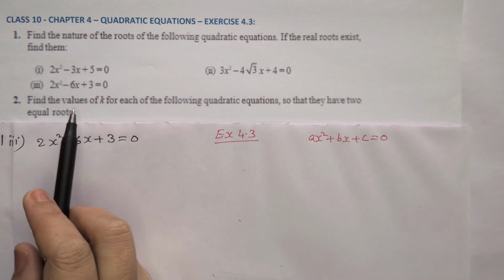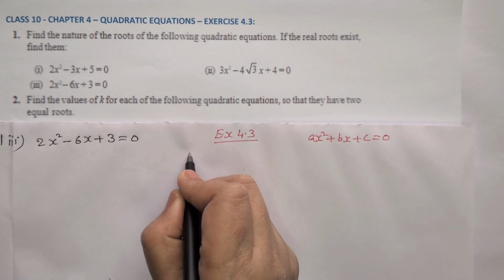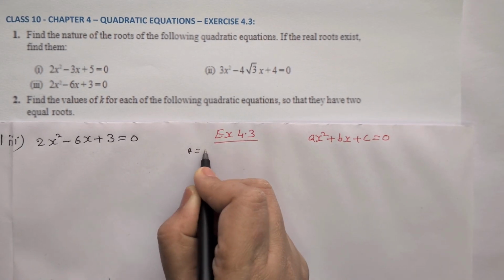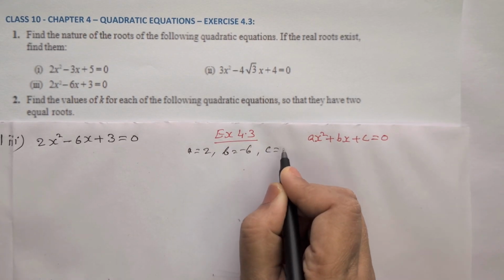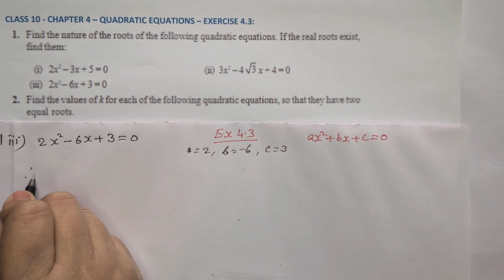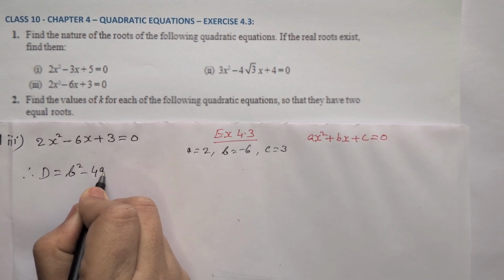Third one, 2x² − 6x + 3 = 0. And we are comparing here a is equal to 2, b is equal to −6 and c is equal to 3. Then therefore discriminant D is equal to b² − 4ac.